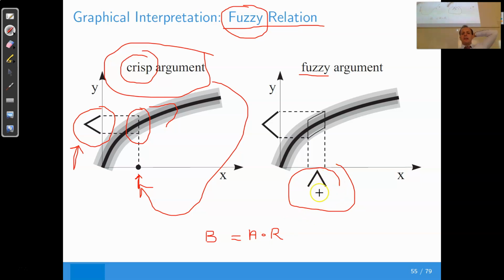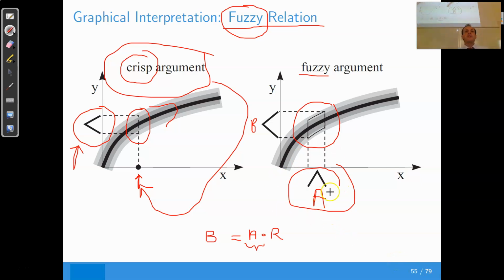It links the fuzzy argument, that in this case is A, through the fuzzy relation to B. So we obtain from A a kind of transformation.